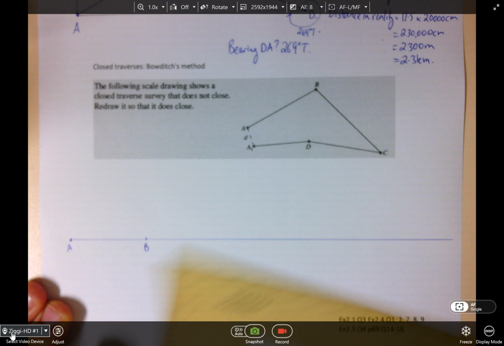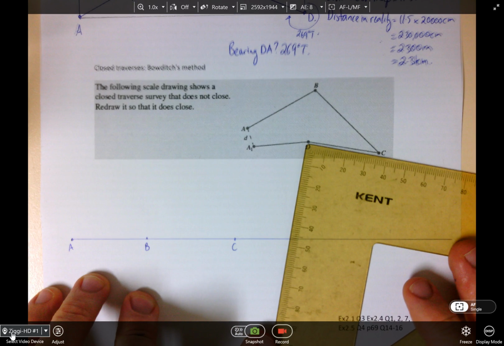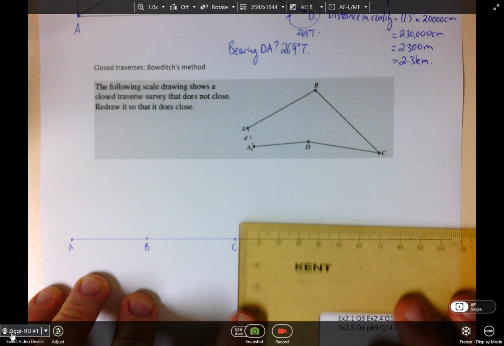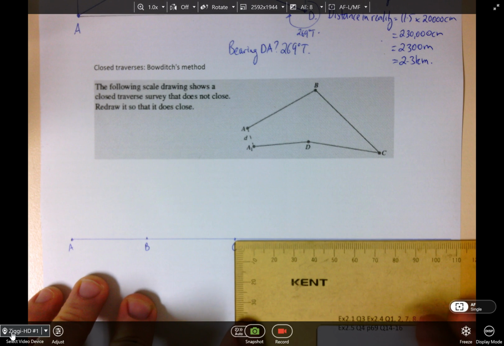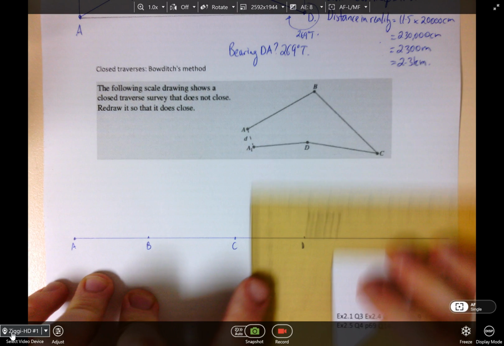And then from B to C, we're going to do the same thing for all these points. Okay, there's point C, C to D, and D back to A.